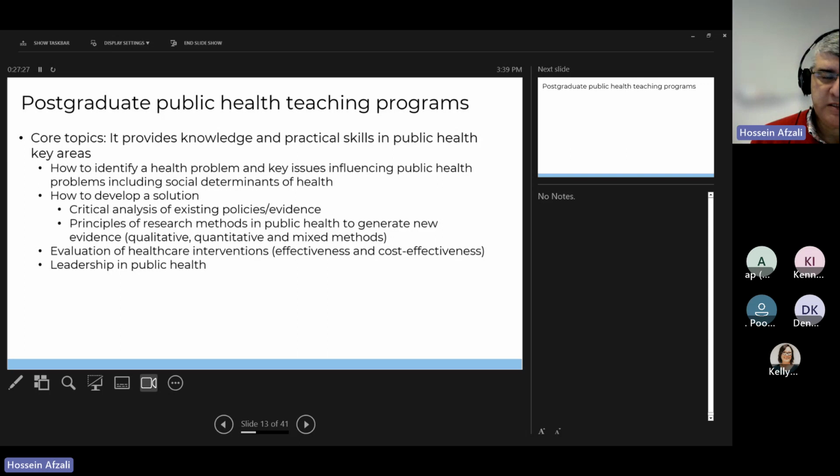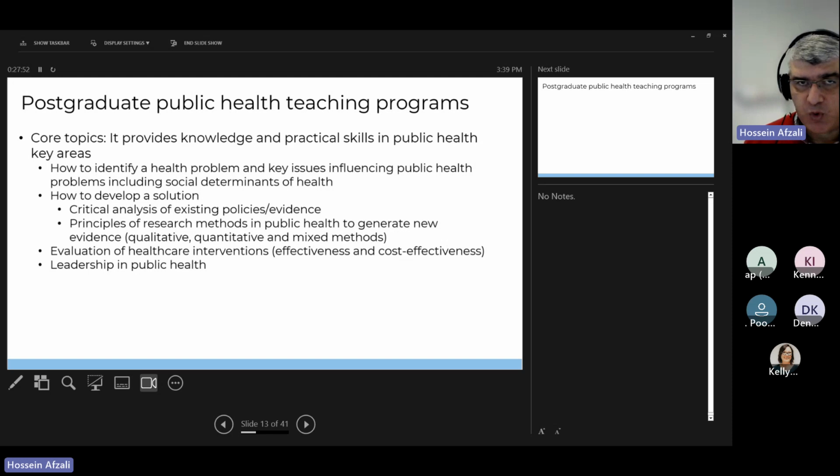The first one is how to identify a health problem, which is a kind of needs assessment. To develop a public health intervention or any type of intervention, the first step is to understand the need. That's something we call the needs assessment process.